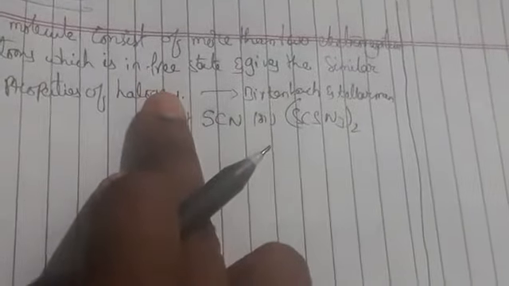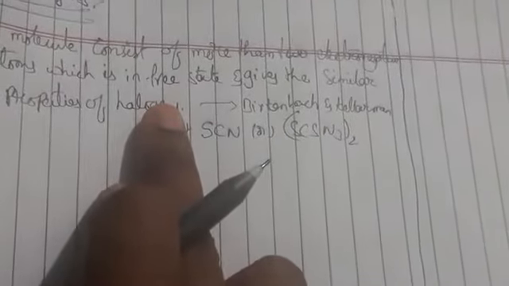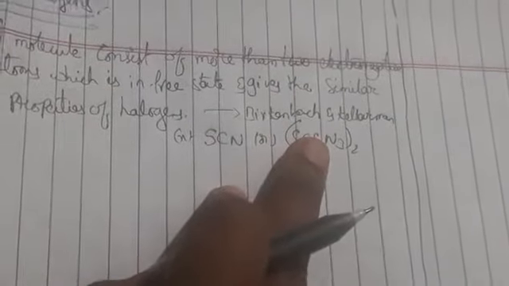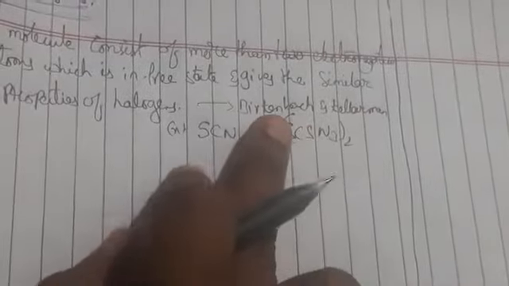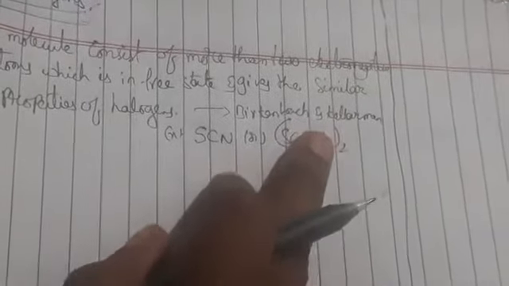And coming to Brown and co-workers, they used the name halogenides instead of halogens. A univalent chemical species consisting of two or more atoms, carrying a negative charge, we call halogenides.